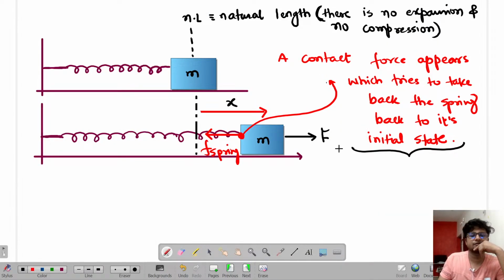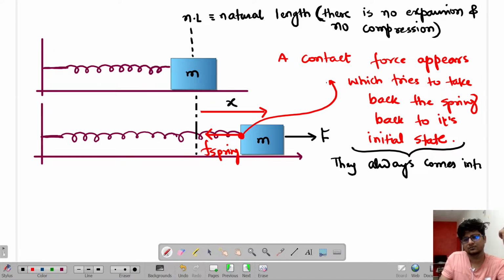So any kind of contact force appears in such a way. Simple idea is there that they always come into pair. They always come into what? Pair. And the best idea to draw a spring force is simple.